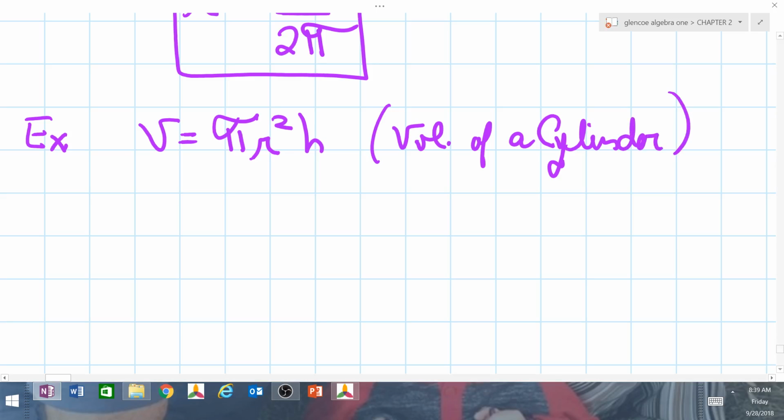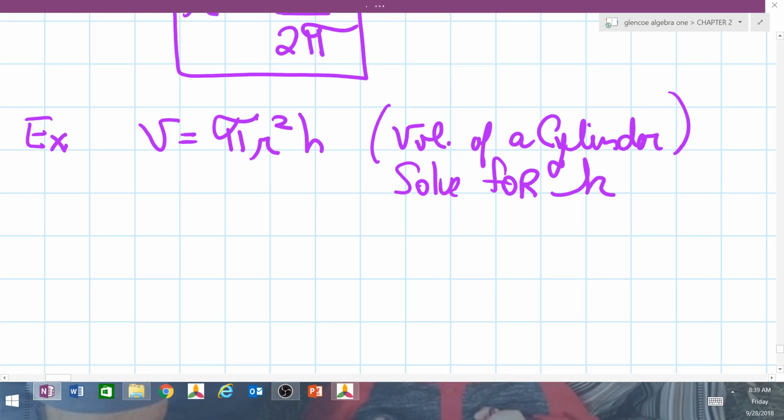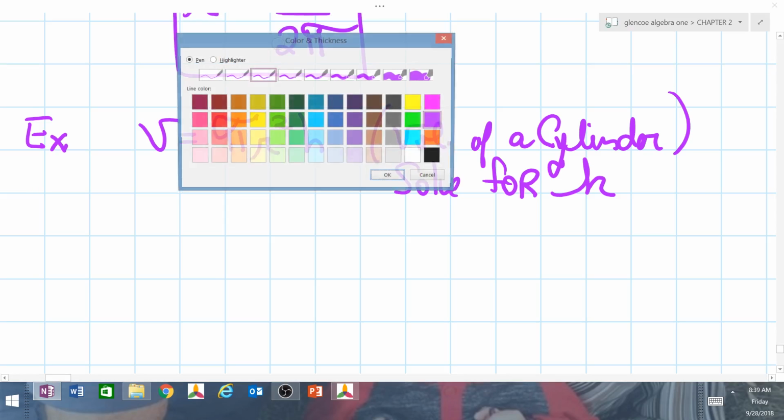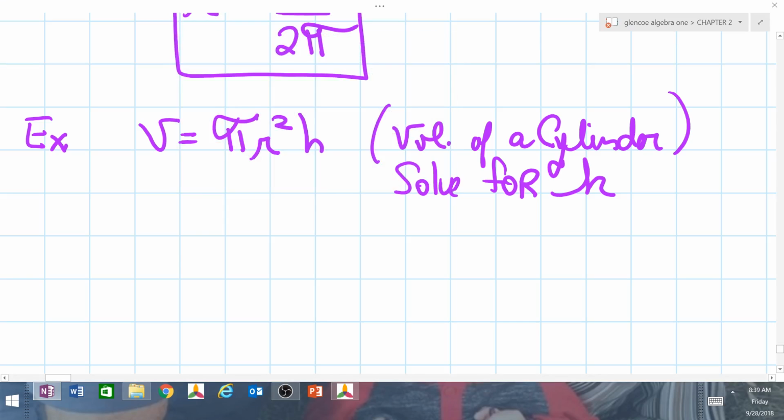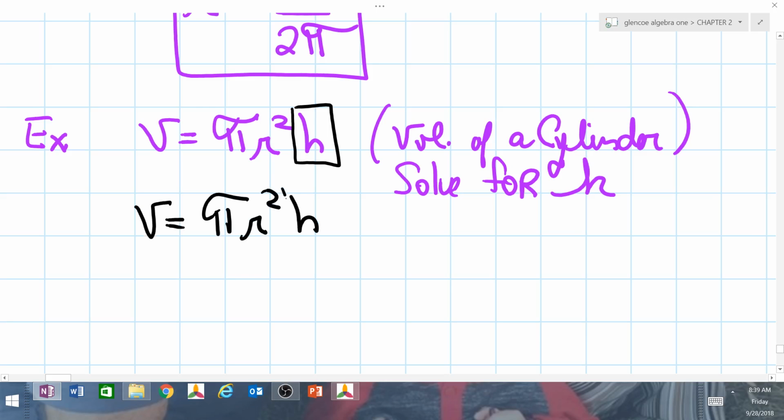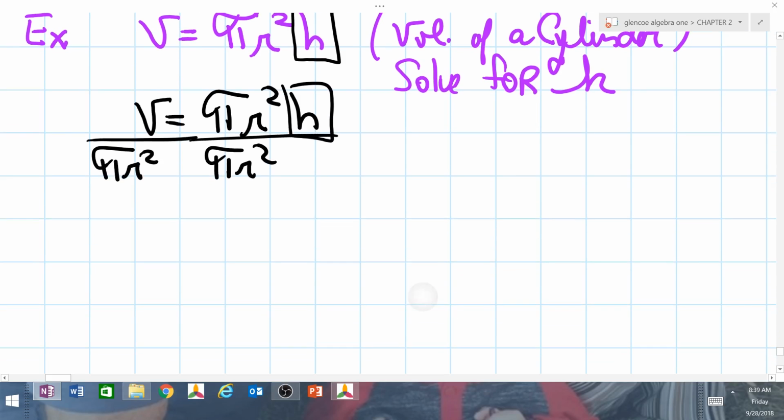Let's solve for H. Another simple one, and then we'll graduate into something a little bit more difficult.